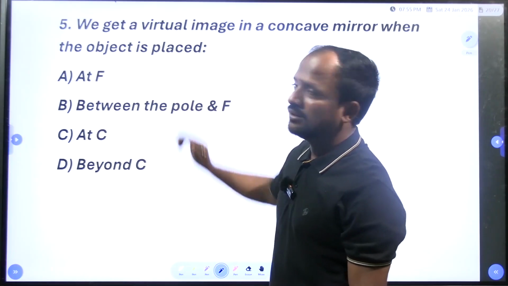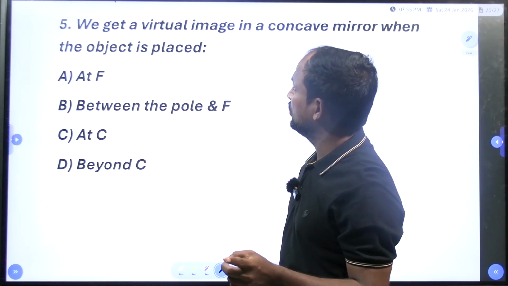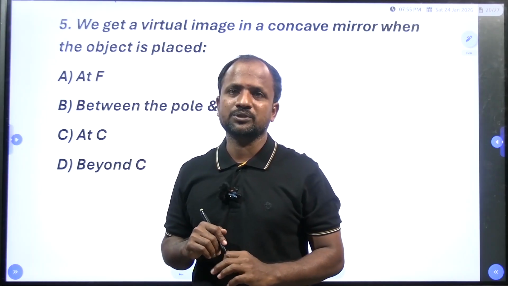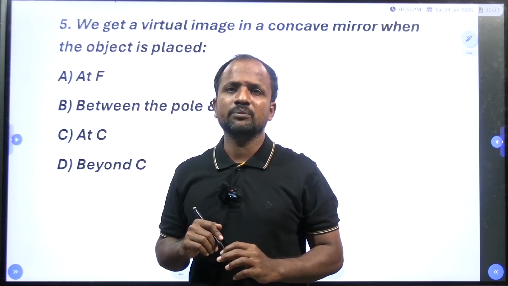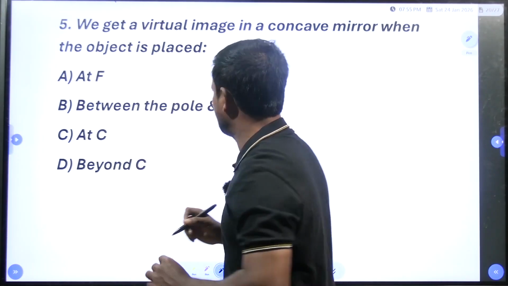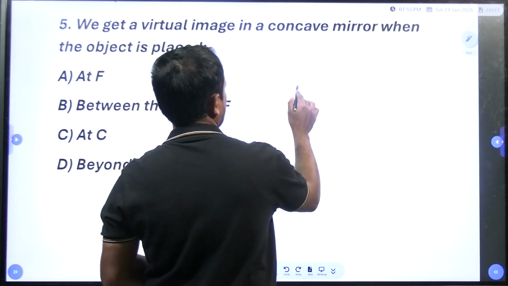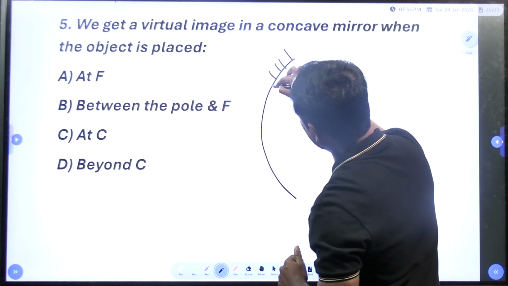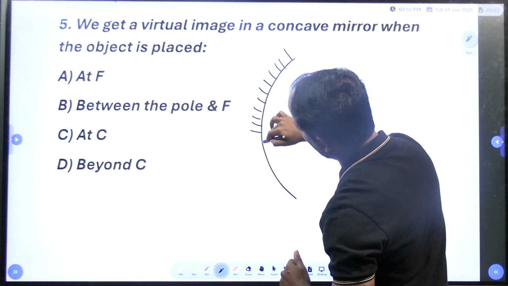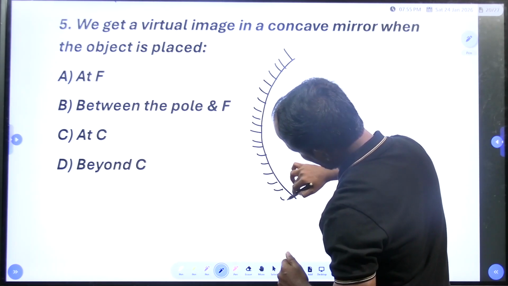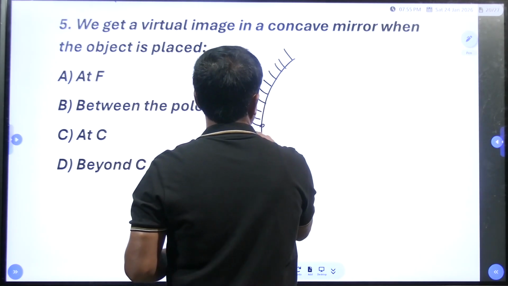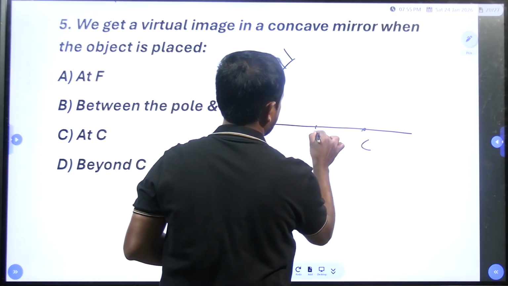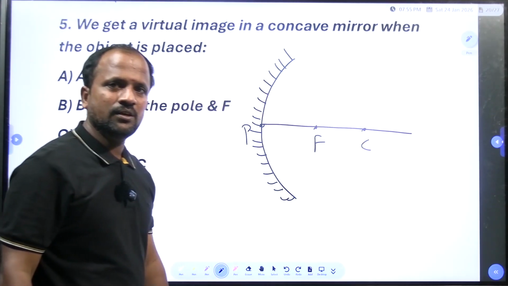See here, first the virtual image characteristics and places, if you will observe. For example, draw the concave mirror in front of the object, with center, pole point, center of curvature, focus.